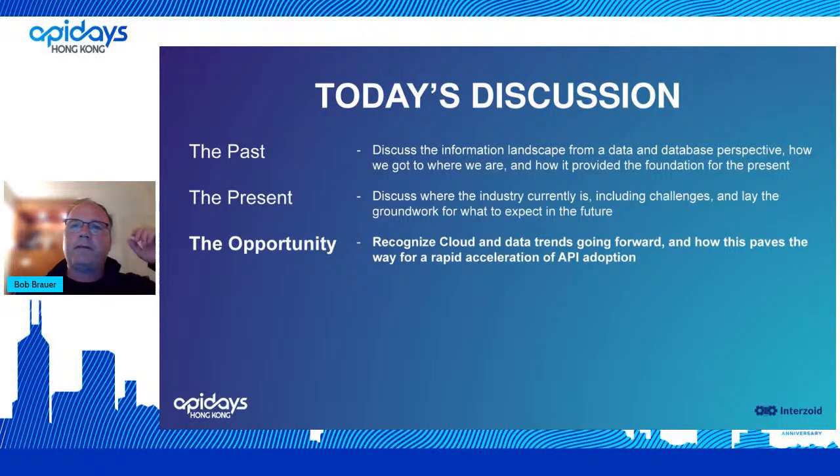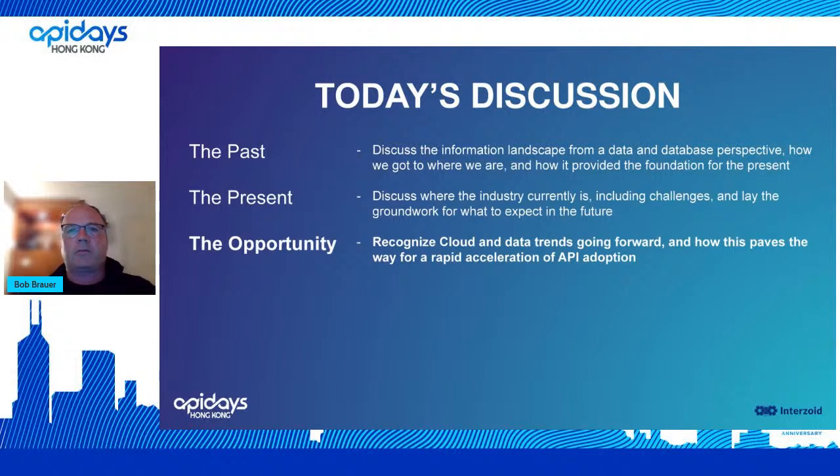I'll discuss briefly the past, especially from a data perspective, to see where we've been and paint the picture of what has led to the current environment and what has driven these trends. I'll also talk about the current challenges we're facing in both the API and cloud data spaces, so we can appreciate some of the inhibitors preventing us from getting to where we want to go as an industry, including some of the dirty little secrets, so to speak.